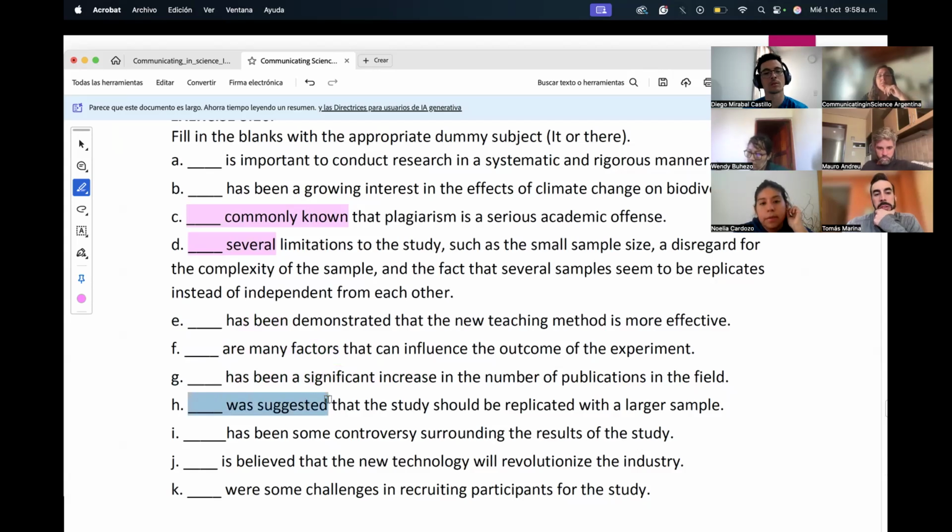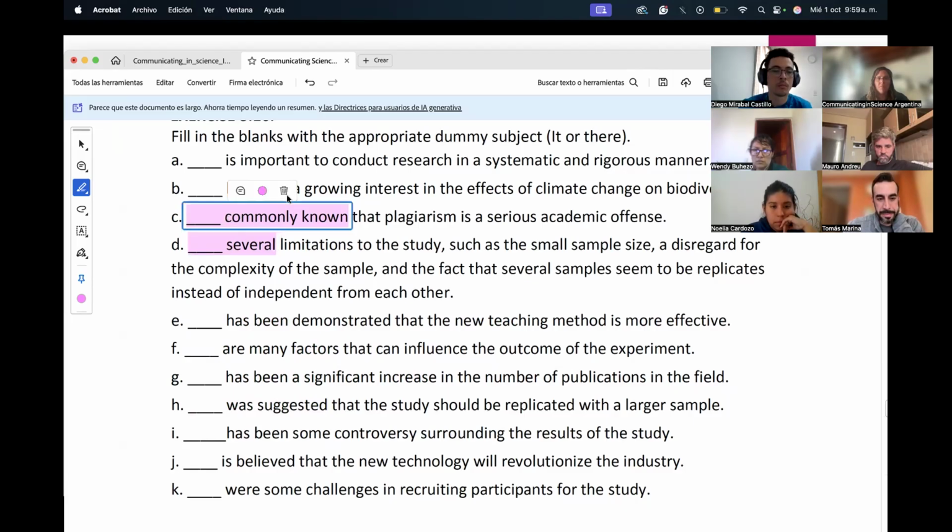Yes, Kata. You can check what comes after the "it" or the "there". If it is an adjective, like "it is important", or commonly a known verb, "it has been demonstrated", then it goes "it".